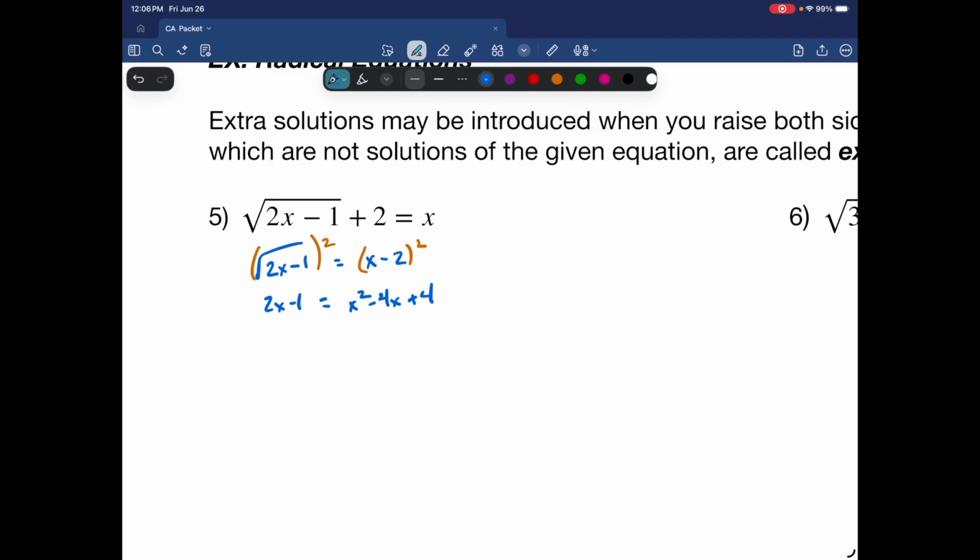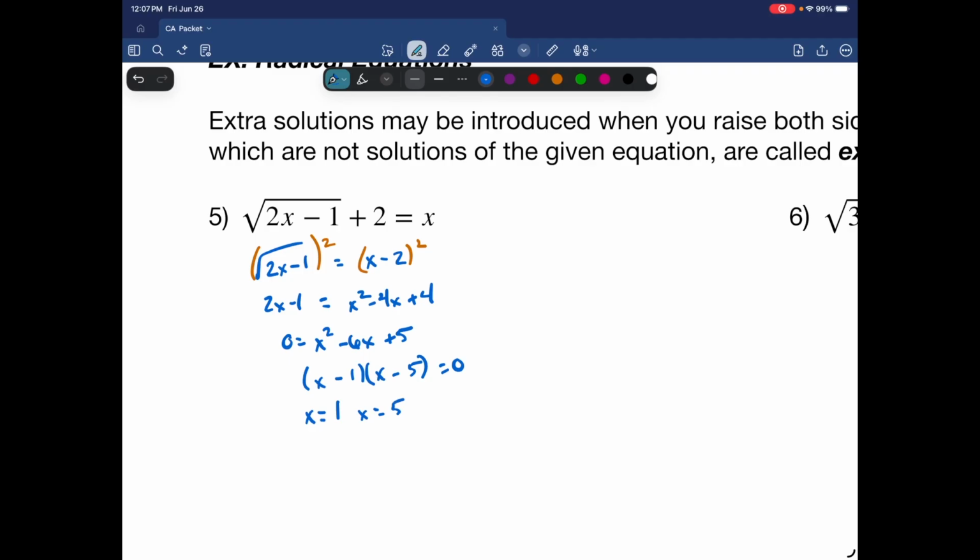Now get everything to the same side. So we got 0 equals x squared minus 6x plus 5. Factor this: x minus 1 and x minus 5 equals 0. When both equal 0, you get x equals 1 and x equals positive 5.